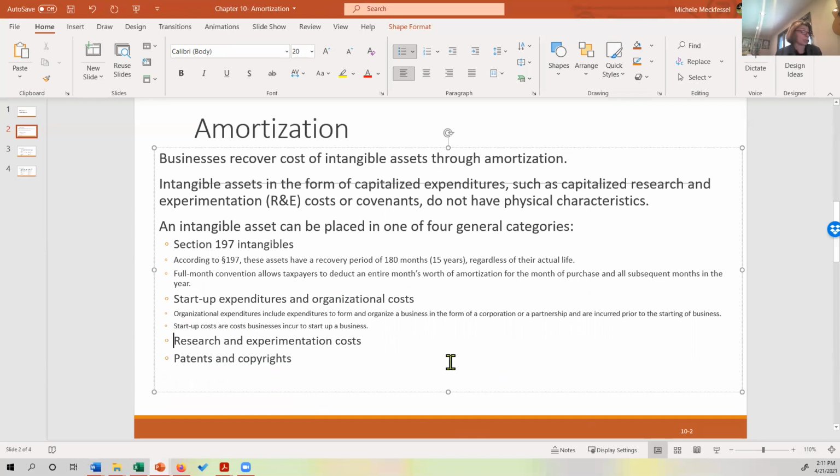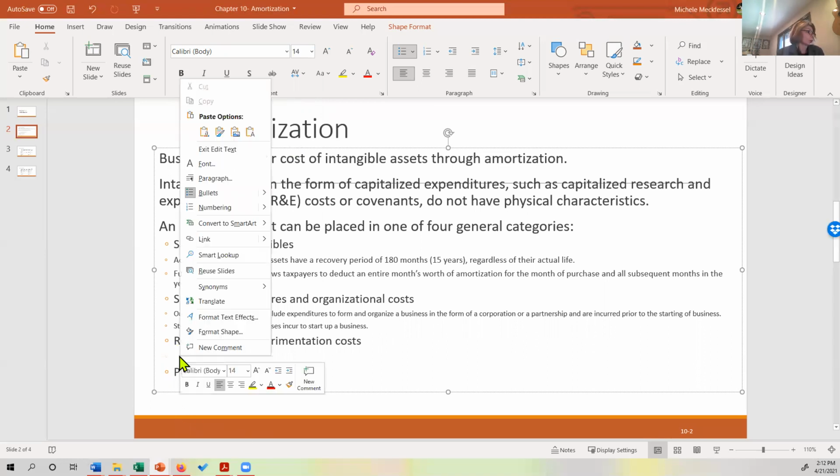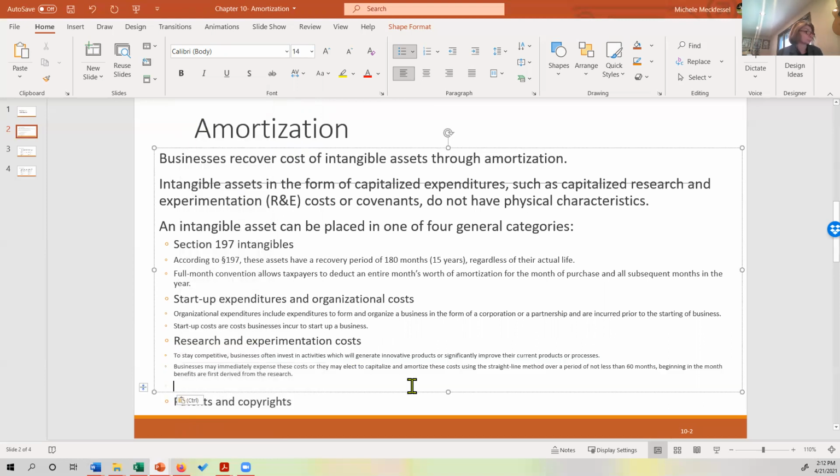Research and experimentation costs, that is another separate category of intangible assets, okay? And obviously you know kind of what those are, okay?